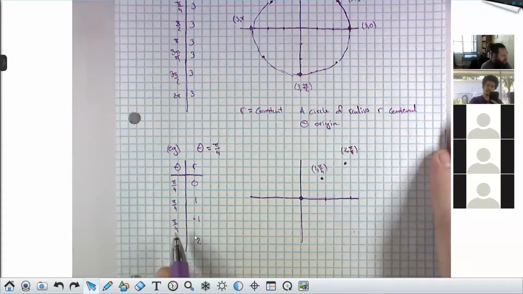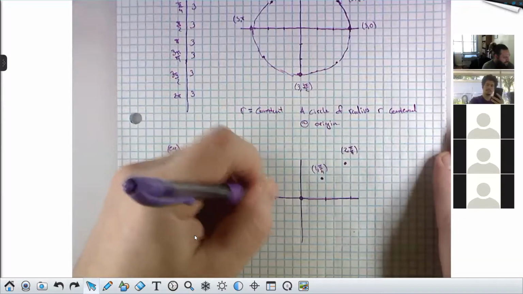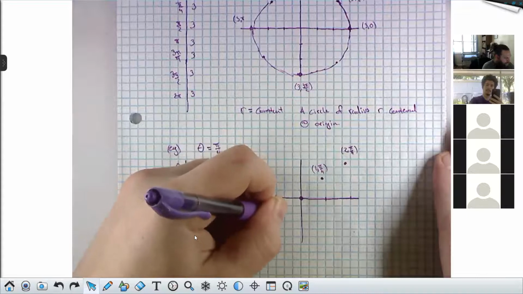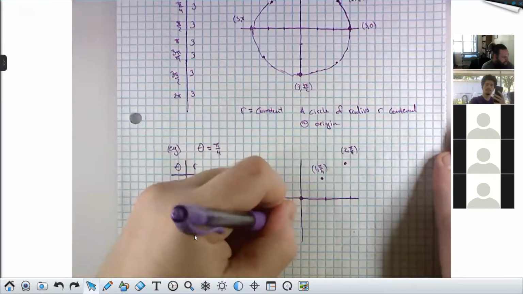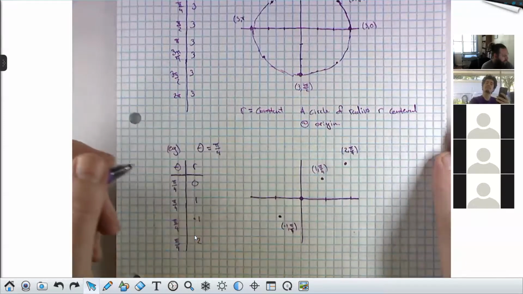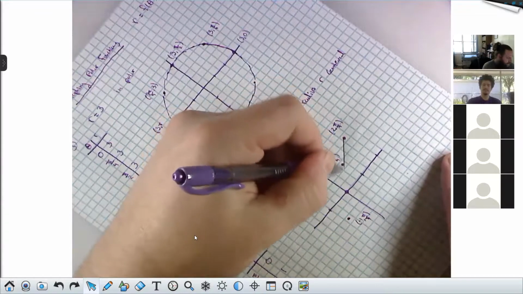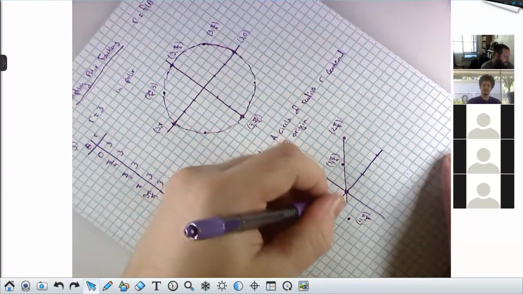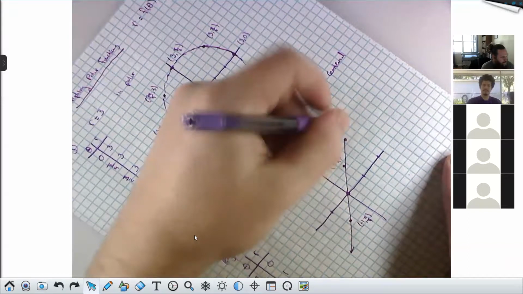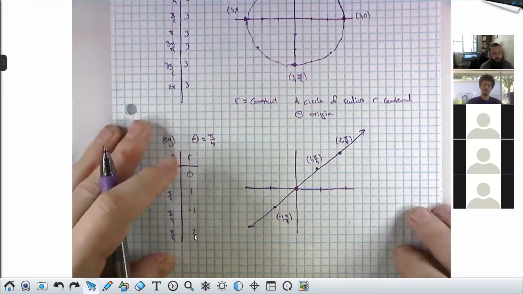What about -1, pi over 4? Well, that means I would go out -1 and then rotate down by pi over 4. That's going to get me right here. So this is a line. This is a line through the origin, making angle pi/4 with the polar axis. This is the graph.